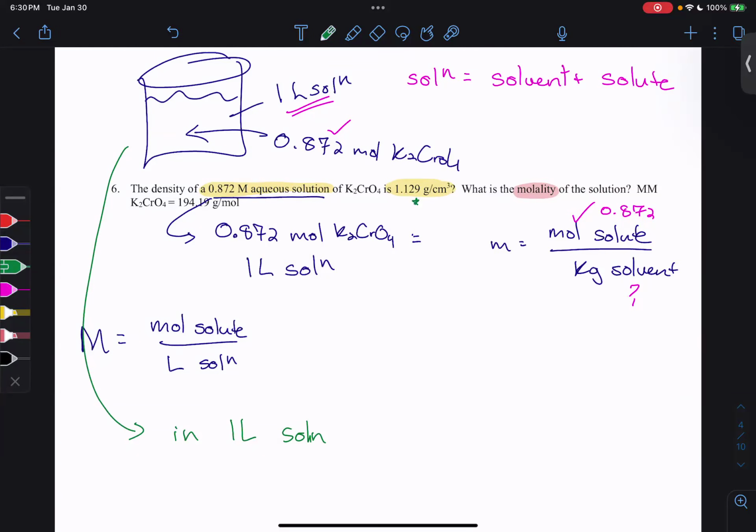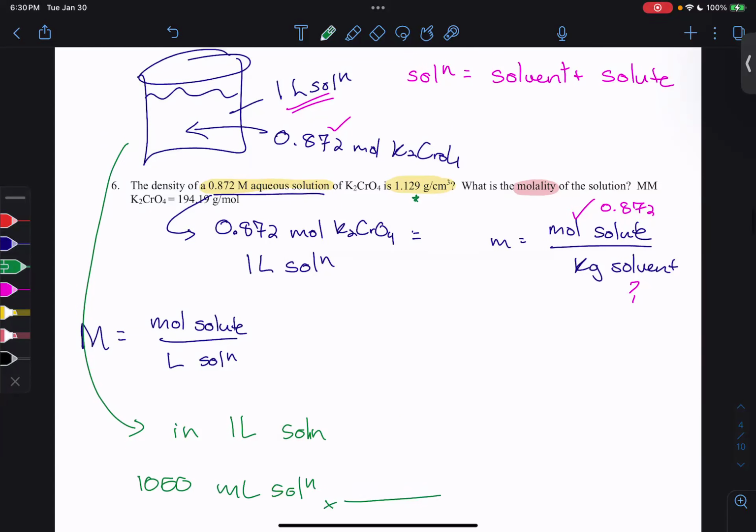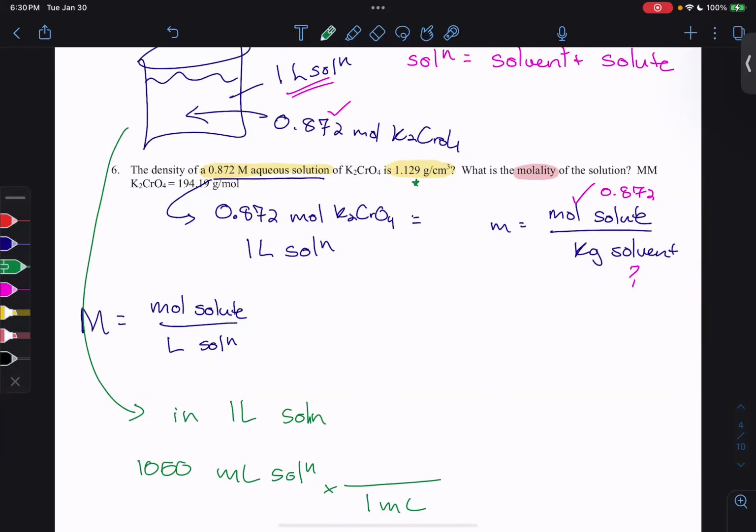So 1 liter is actually 1,000 milliliters of solution. So if I use density, where 1 milliliter of this solution weighs 1.129 grams, we see that 1 liter or 1,000 milliliters of this solution weighs 1,129 grams of the solution.